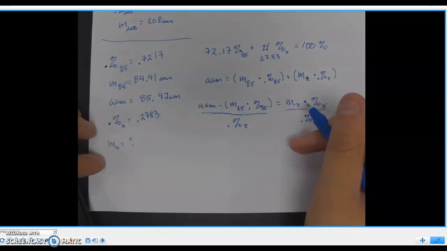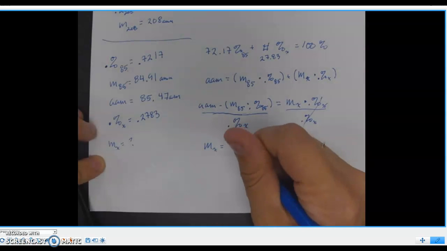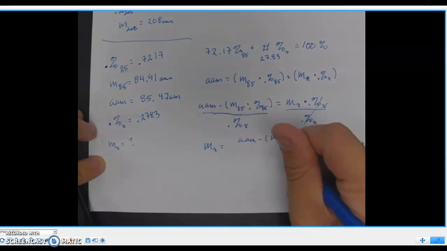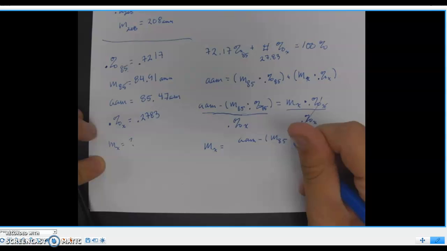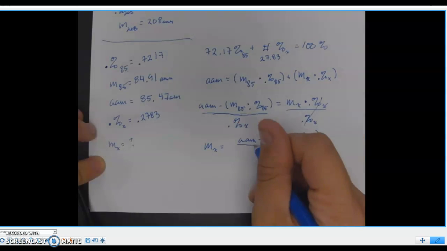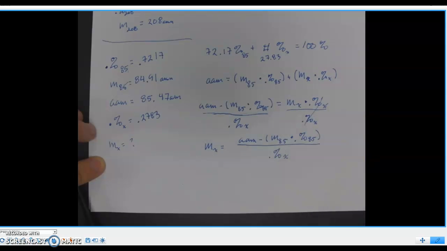So my final equation will be this mass that I'm looking for will equal the average atomic mass minus the mass of 85 multiplied by the decimal percentage of 85, all divided by the decimal percentage of this unknown isotope. Look at my list, I know everything. And so now I need to just plug it into my calculator.